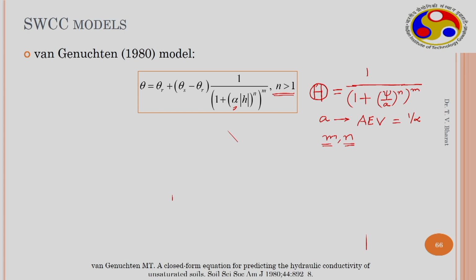So let us try to understand why n should be more than 1. If I write in terms of alpha h only, and h is used in positive terms, then this is the expression that I can derive. The normalized volumetric water content can be written as 1 plus alpha h, power n, whole power minus m.